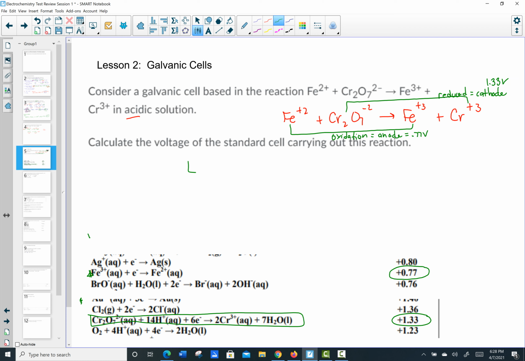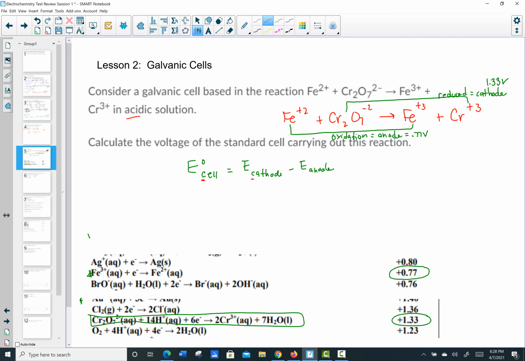We know that to calculate standard E cell, it's the voltage from the cathode minus the anode. The little trick I shared with you in our notes was lining up the two C's next to each other. The E cell is the cathode minus anode.